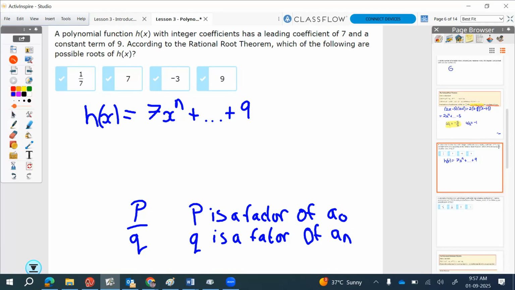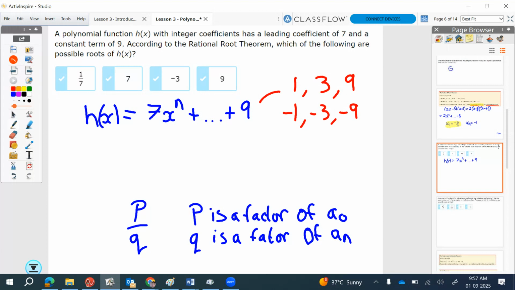So the factors of the constant, what are the factors of 9? 1, 3, 9. Any more? No. What about -1, -3, -9?